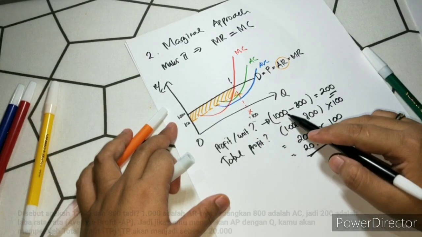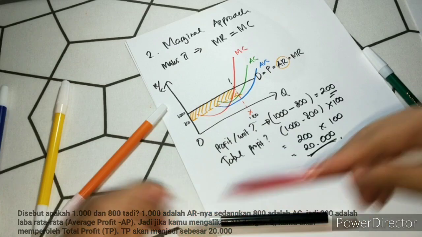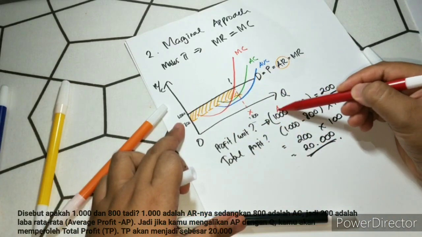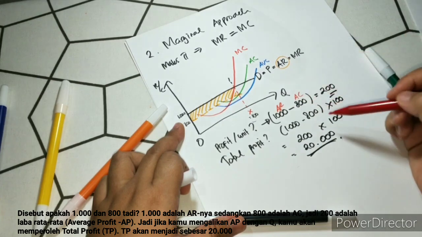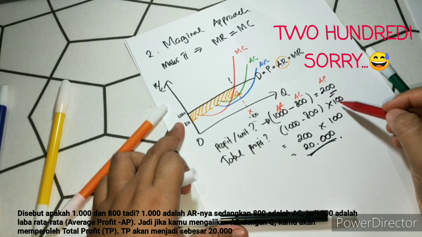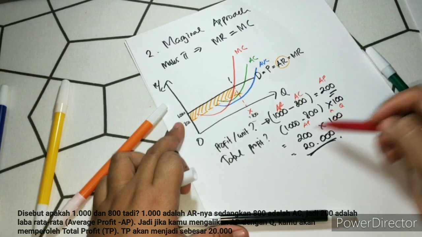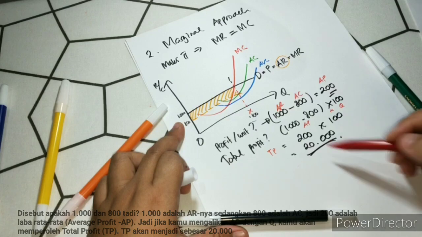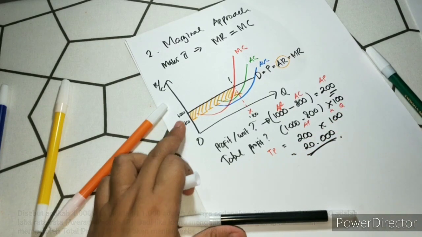So what are 1,000 and 800? 1,000 is the average revenue. 800 is the average cost. So 200 is the average profit. If you multiply the average profit by the quantity, you will get the total profit. So your total profit will be 20,000.